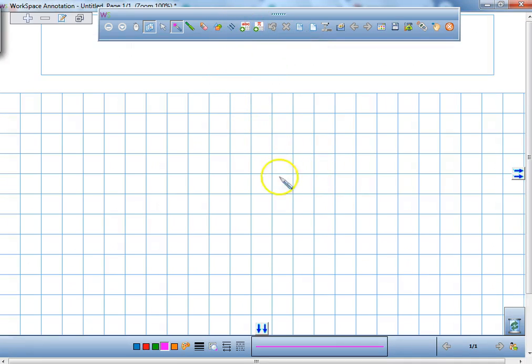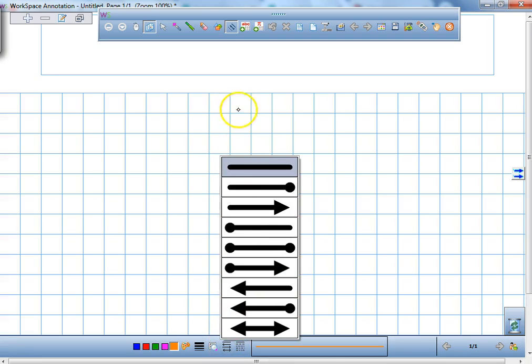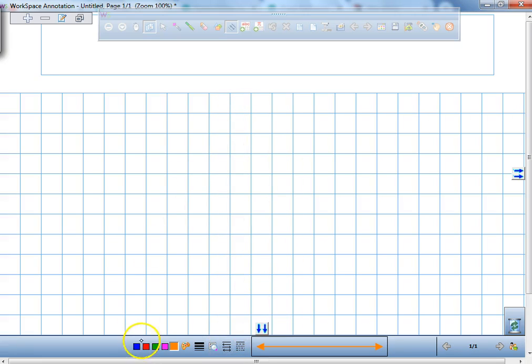It's going to be really important that you make your x-axis and y-axis quite long, especially down here.